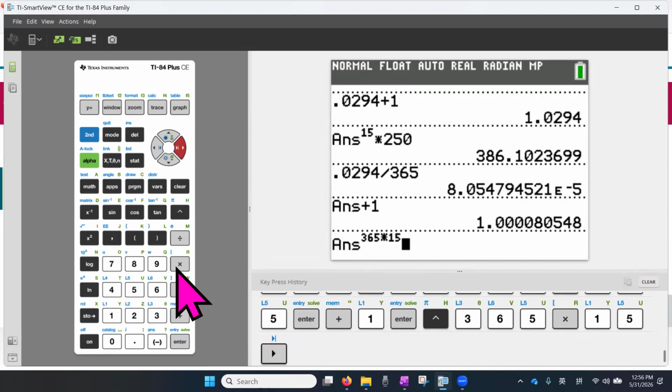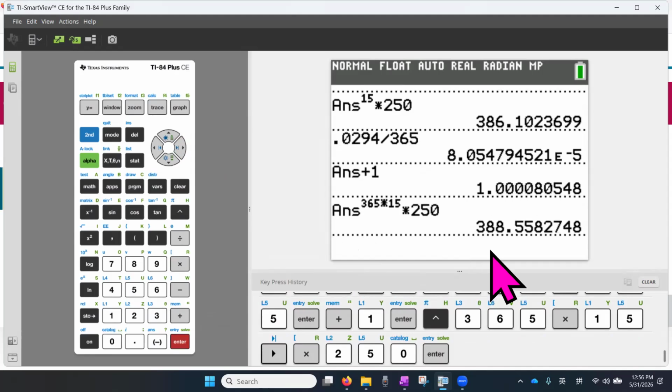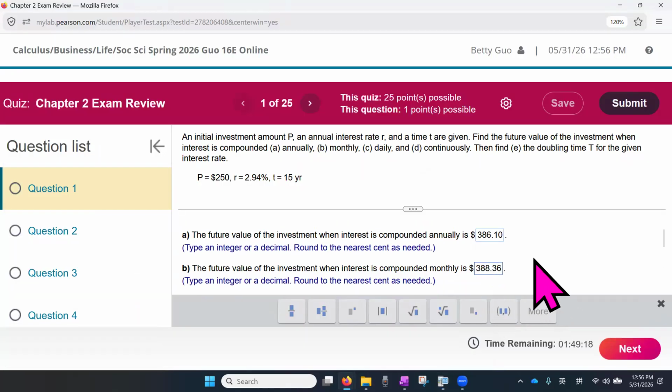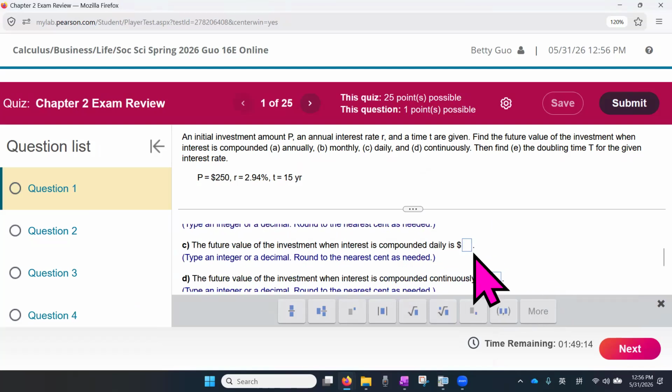Then multiply that by the principal 250, and the future value of the investment is $388.56. It's a tiny bit higher than part B, right?